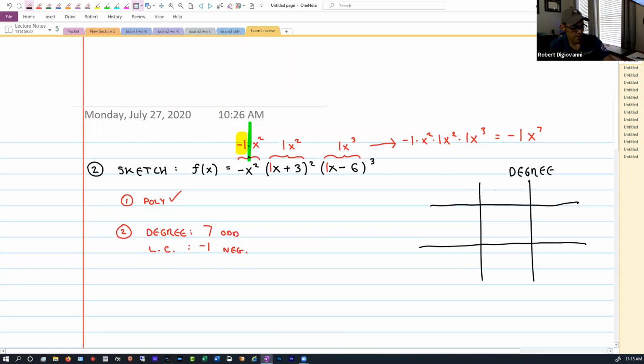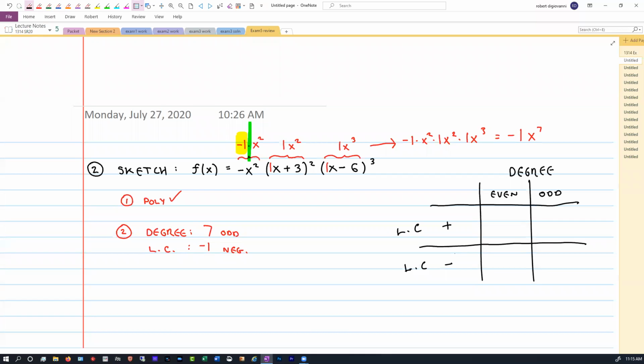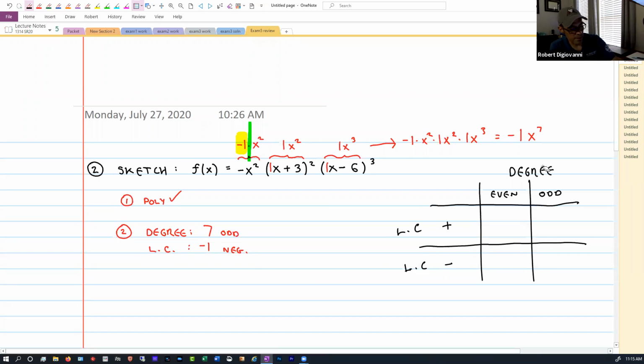So the degree is either even or odd. And then the leading coefficient is either positive or negative. I think this is the way I did it before. They were on the other sides? Was it opposite? Okay, let's be consistent then. It doesn't matter how you do it, but I want to be consistent with what I did before. Okay, so degree is over here.